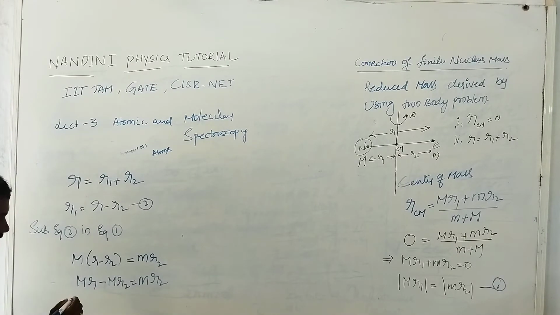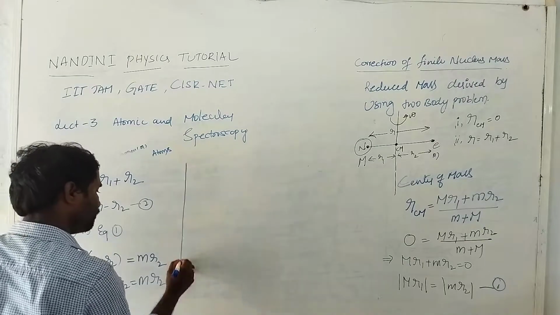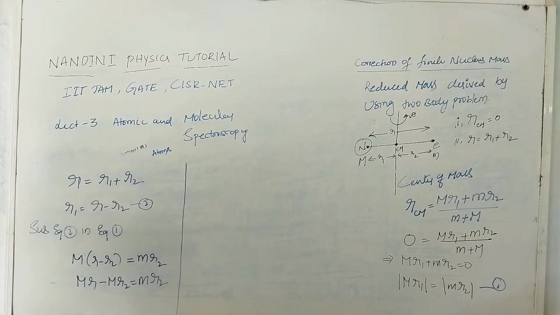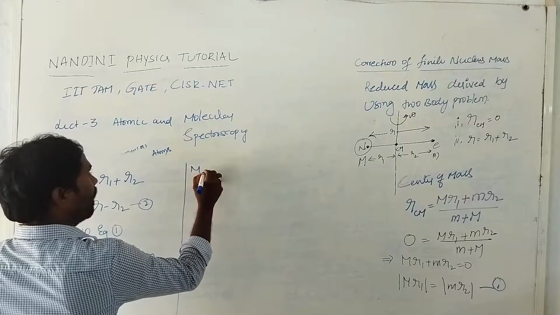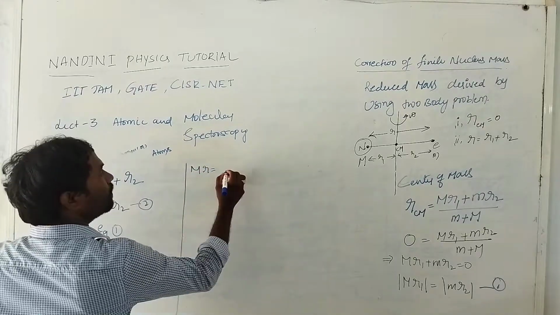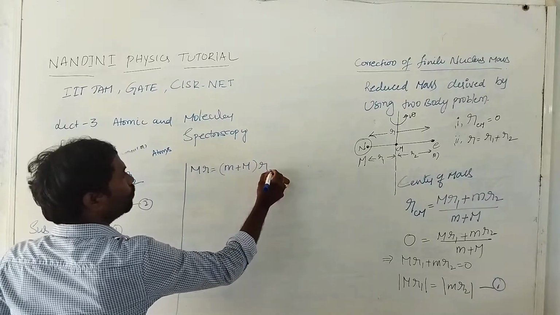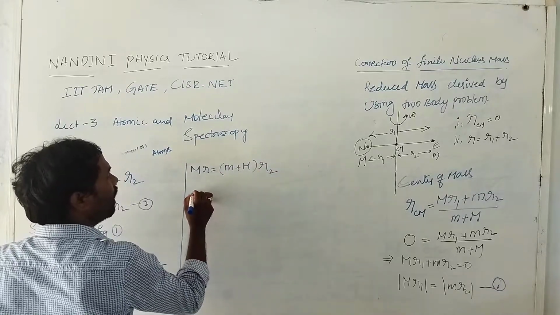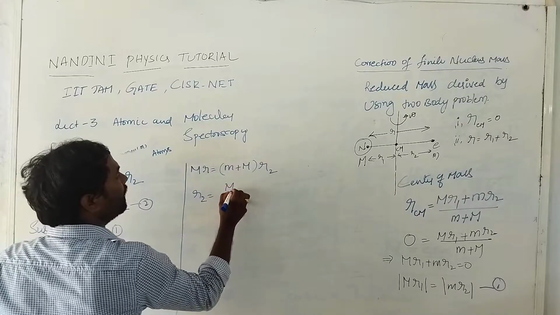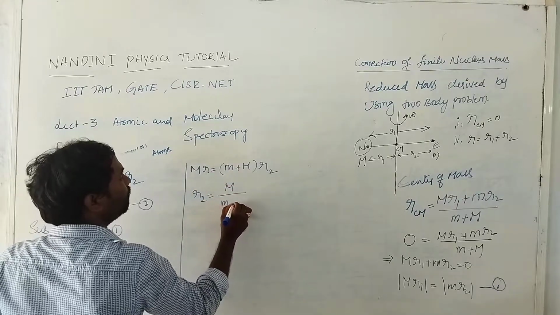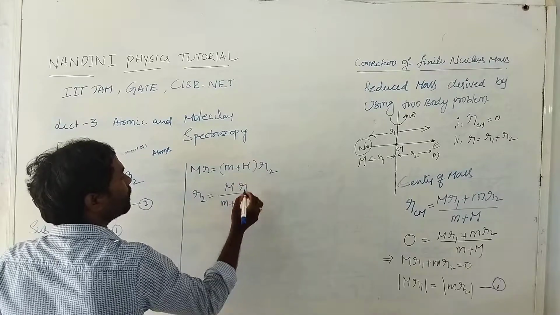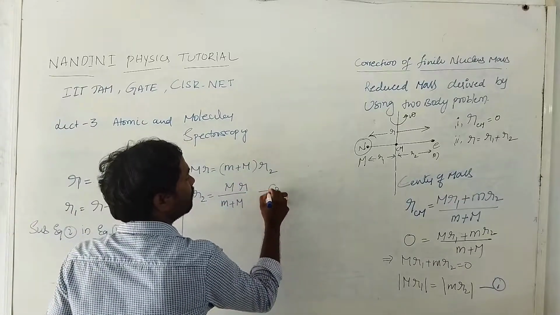Move the capital M r2 term to the other side, so capital M r is equal to, taking r2 common, small m plus capital M into r2. Therefore r2 is equal to capital M divided by small m plus capital M, into r. This is equation 3.